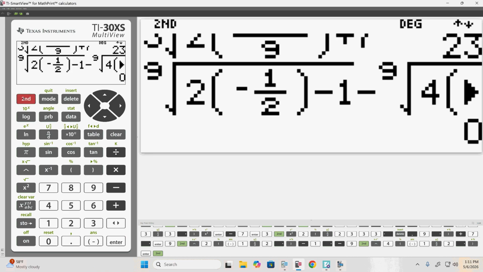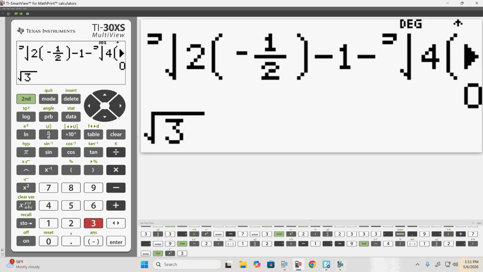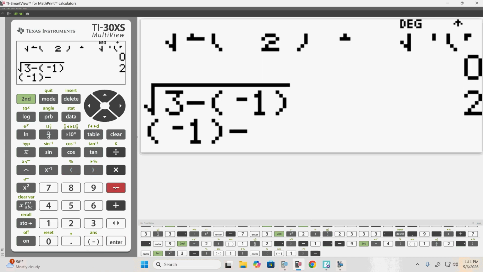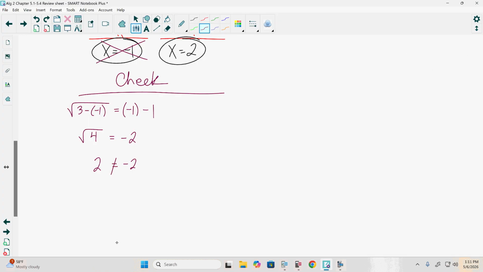If we wanted to, we could have done this in the calculator. 3 minus negative 1, it tells us it's 2. Negative 1 minus 1, negative 2. We fill those two numbers in. We're going to do the same thing with 2. Square root of 3 minus 2 is equal to 2 minus 1.